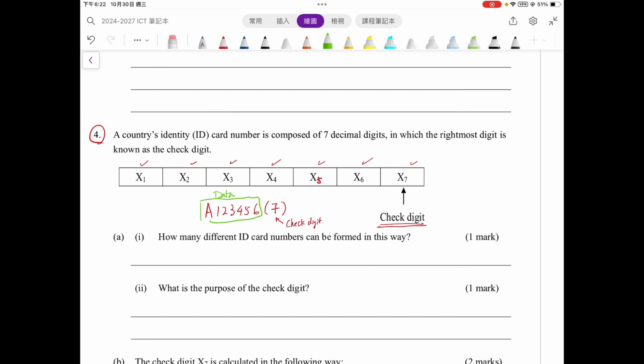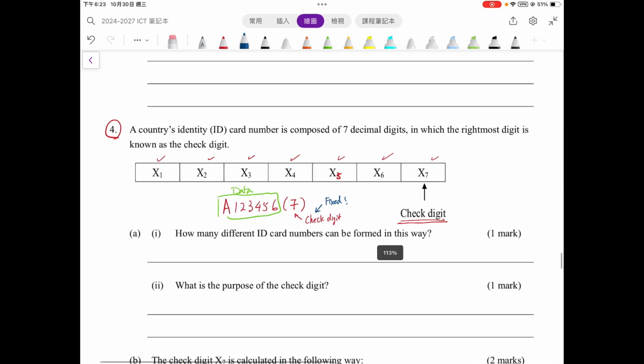You can find out the check digit by looking at the data itself, and then by some calculation you can find out what the check digit is. So in other words, this check digit is always fixed. You need to know about this concept because it will affect your calculation.